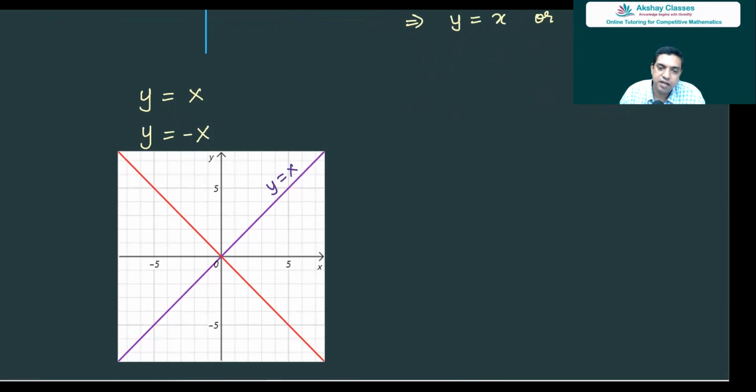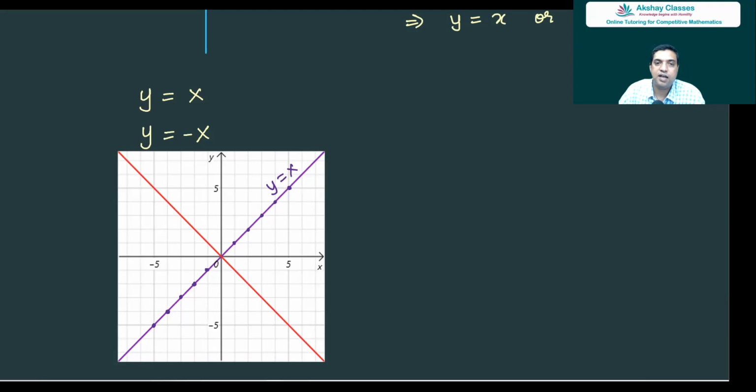That means, see, on this line, points will be 1, 1, 2, 2, 3, 3, 4, 4, 5, 5. So all the points are minus 1, minus 1, minus 2, minus 2, minus 3, minus 3, minus 4, minus 4, minus 5, minus 5. So all the points, x coordinate and y coordinate are the same.